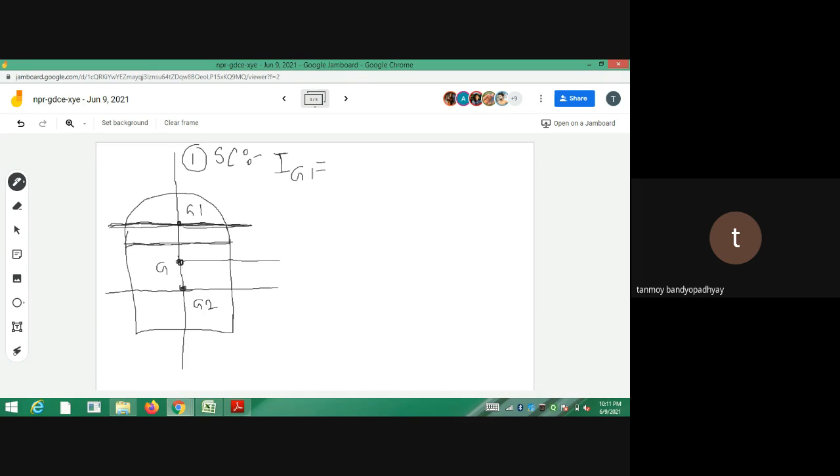Okay, wait, there is a small problem here. This will be a little different. Just give me 1 second. Okay, it's fine. So moment of inertia of a semicircle: since for a circle it was pi by 4 r to the power 4, and since it's half of a circle, you can put it like pi by 8 r to the power 4, I think. Does anyone have the book?